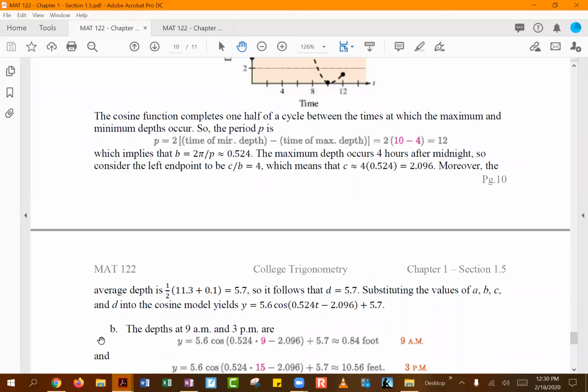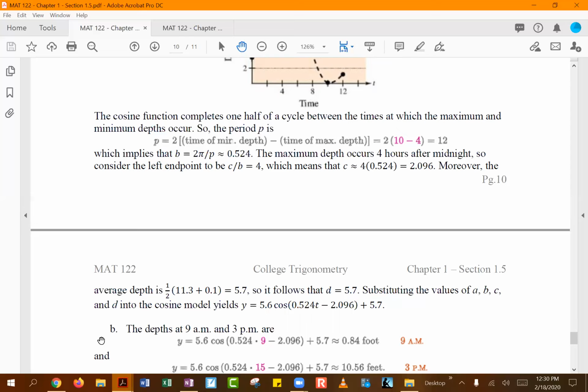So they're telling us if you're looking at the cosine function, we know it completes a period when it goes from the maximum to the minimum. So they're actually using the time now, the x value in a way, and that's going to be minimum at 10 a.m., maximum at 4 a.m., multiply that by 2, which will give you your period.